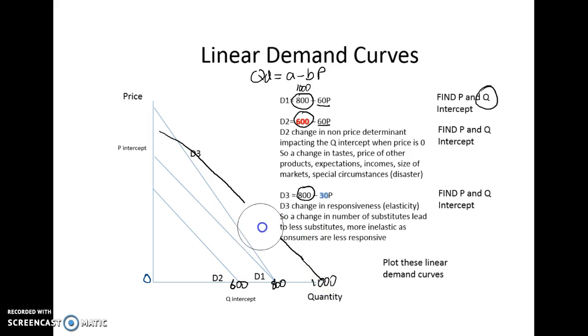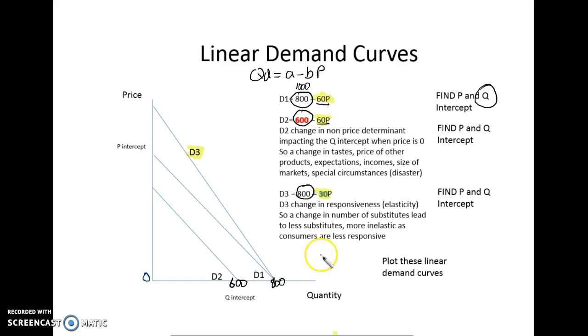So let me get rid of some of this. Okay, so the b variable is the responsiveness to a change in price. So this is effectively talking about elasticity. As you can see for this slope, D3, the b variable has reduced, so that means it's become less responsive.